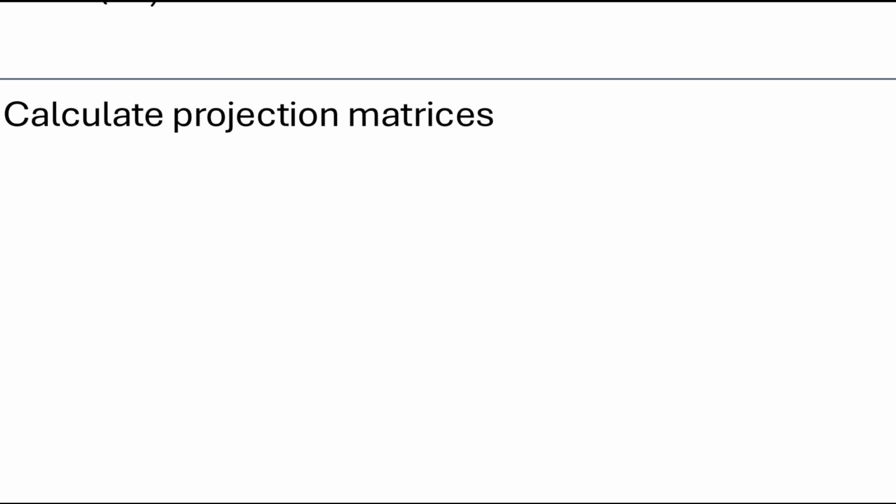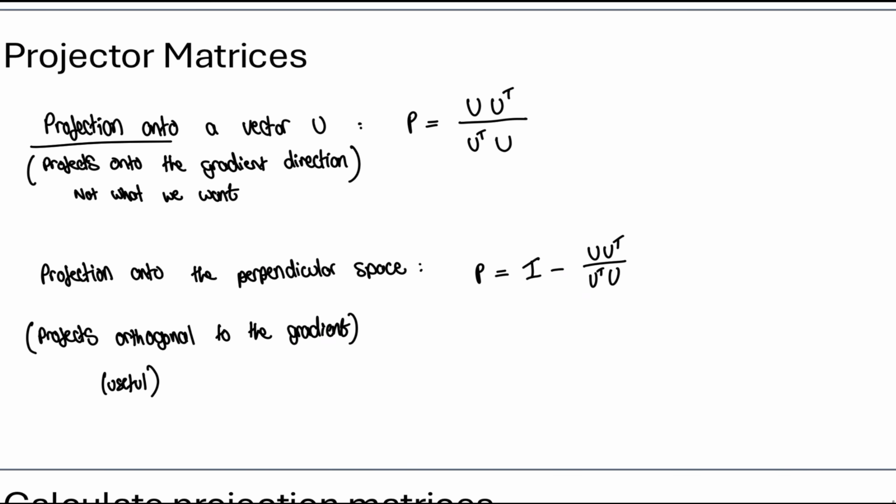Okay, if we look at an example, let's say we had the vector u, which is (1, 2, 2). And let's say we wanted to find the projection onto the line spanned by u. That would mean we'd have to use this formula.